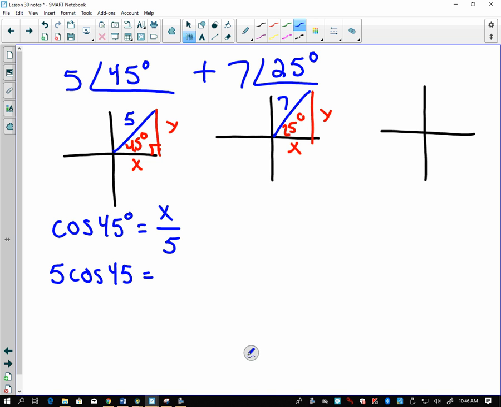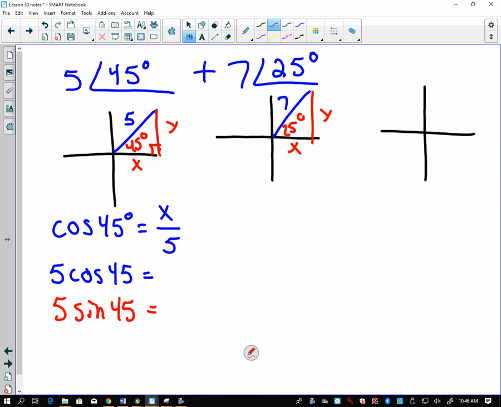That same thing works for finding y. I don't need to write sine 45 equals y over 5. I can jump straight to 5 sine 45 if I understand that I'm going to use hypotenuse, what trig function represents x, degree, and then hypotenuse, which trig function represents y, degree.